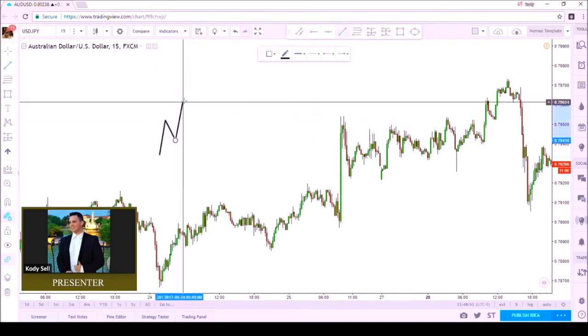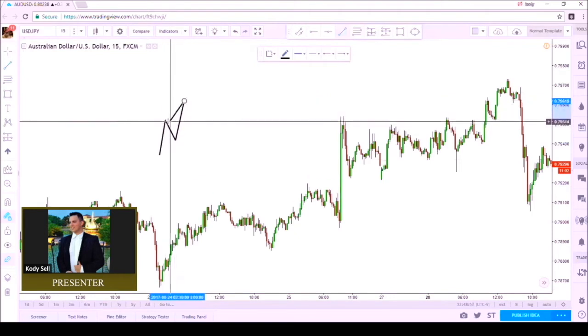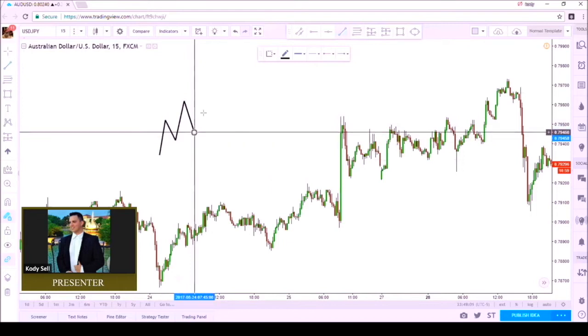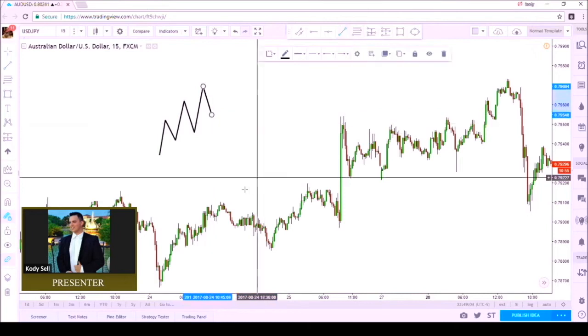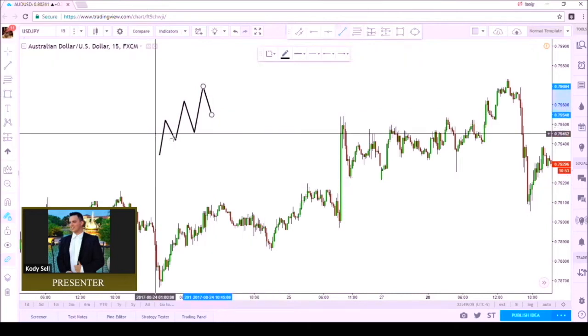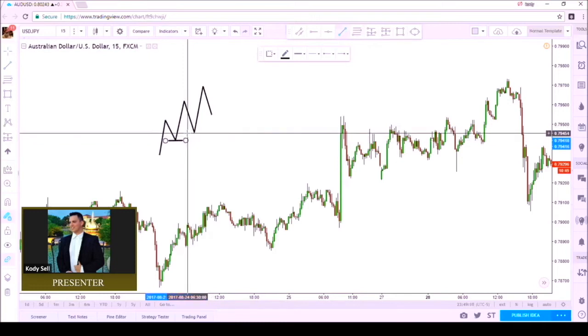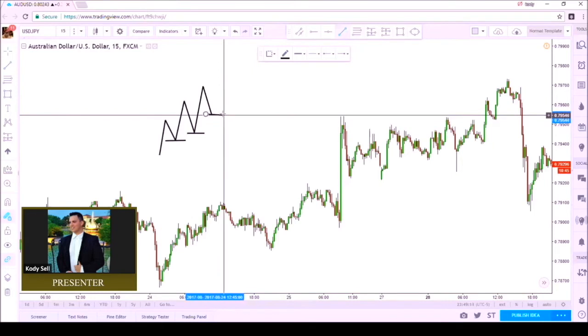We bust through this, and then we retrace anywhere between this area here and this area here. So we can retrace here. Then we come up, then we retrace. The idea is that each of these retracements is likely a Fibonacci retracement zone.